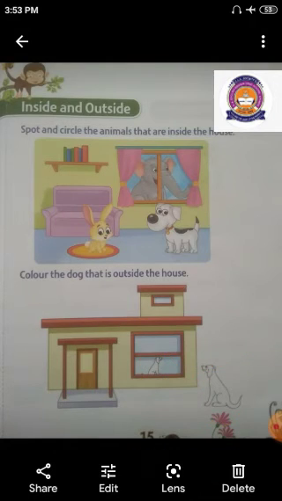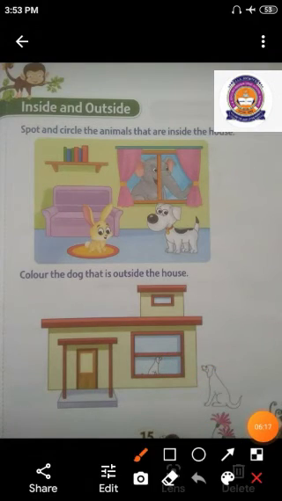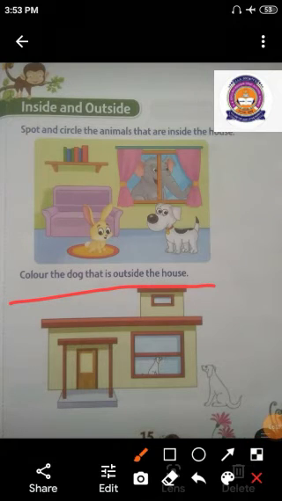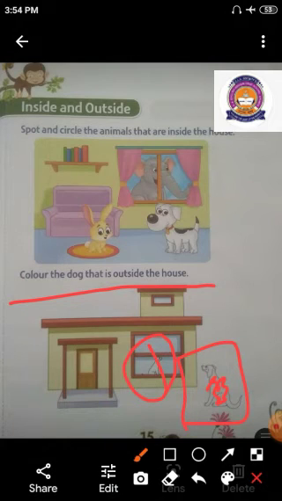So you have to see the headline, color the dog that is outside the house. Outside the house means you have to color the second dog picture. Don't color the dog inside.